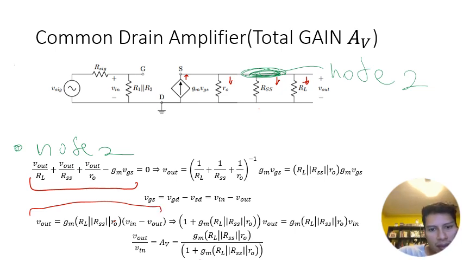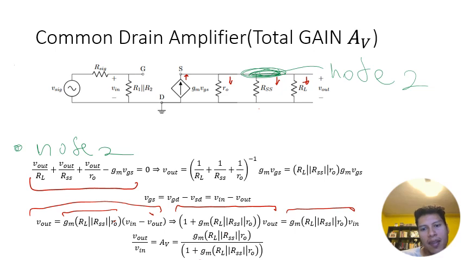Then we start doing some manipulation. First we add this times V_out to both sides so that we get this and this, and then we divide both sides to get our final equation. So that's what we got in the previous slide.